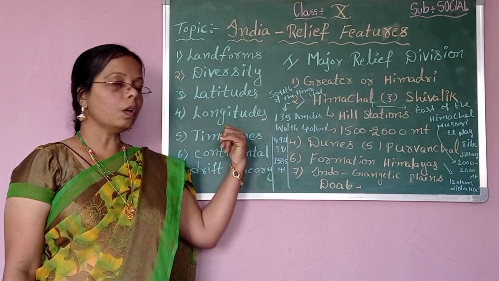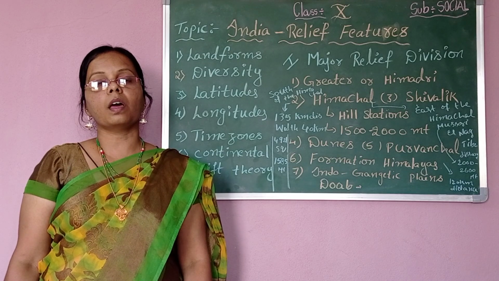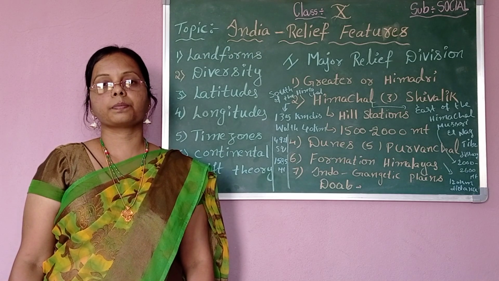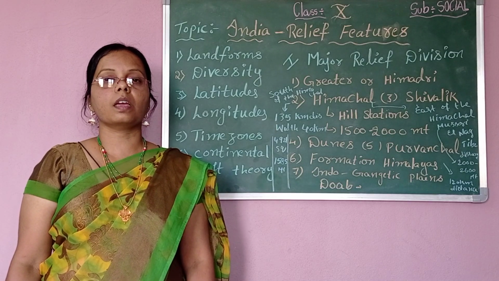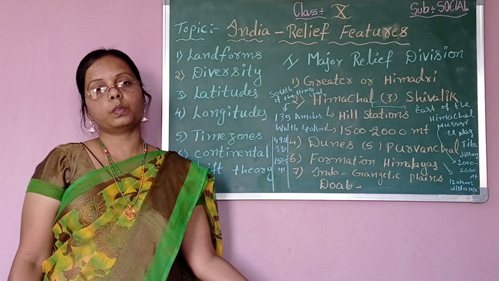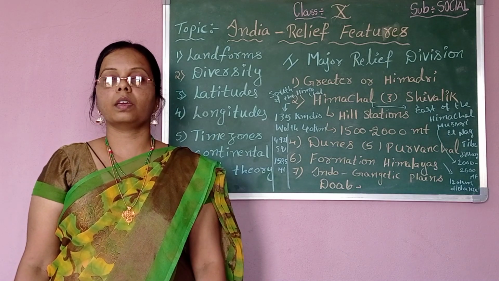Next, longitudes. Longitude is derived from the Latin word longitudo, meaning length. These longitudes are not full circles, they are semicircles drawn from north to south. And we have around 360 longitudes.